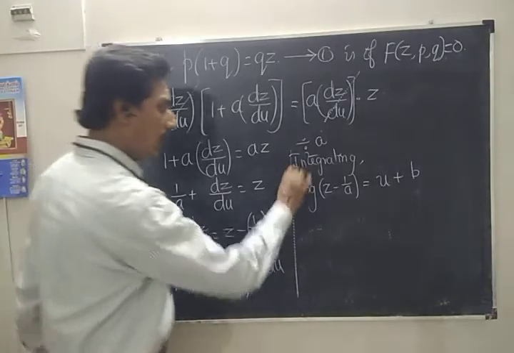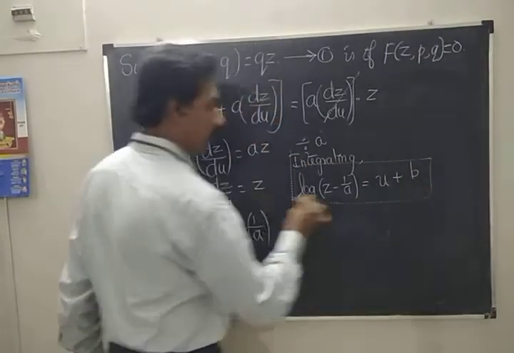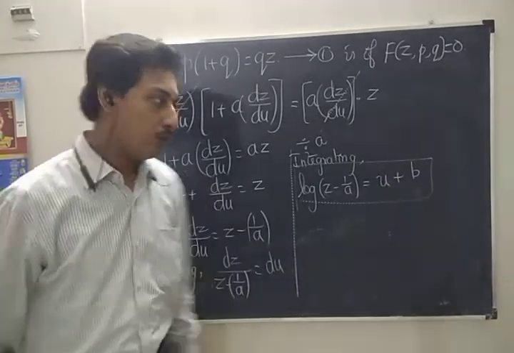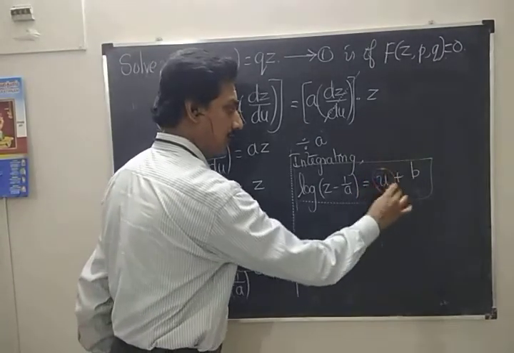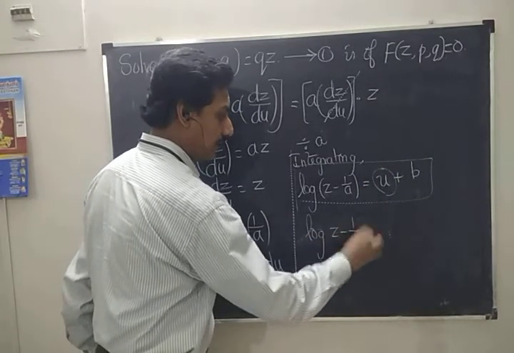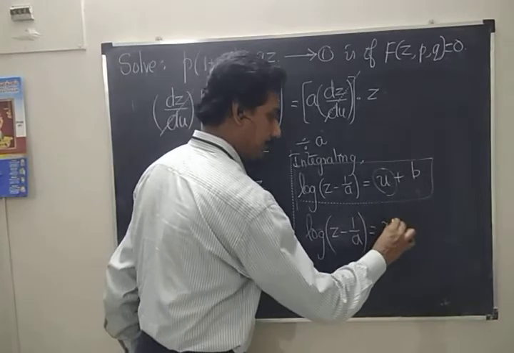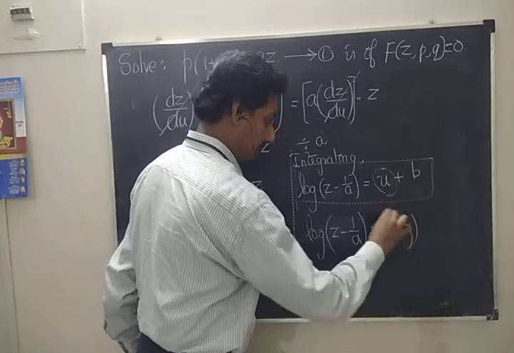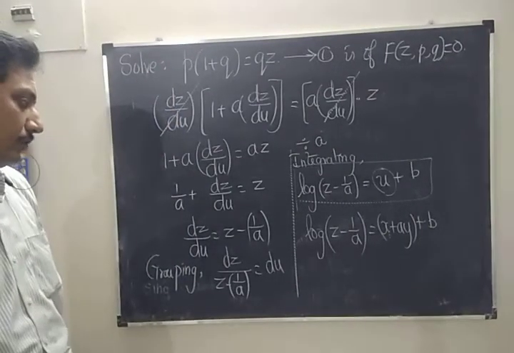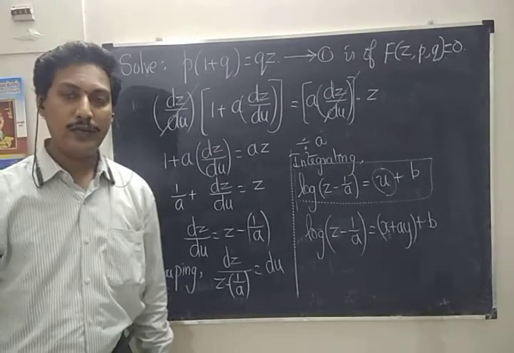So the number of constants, a and b, is only 2. But what about u? u is equal to x plus ay. So let us replace u is equal to x plus ay. I am getting log of z minus 1 by a is equal to x plus ay plus b.